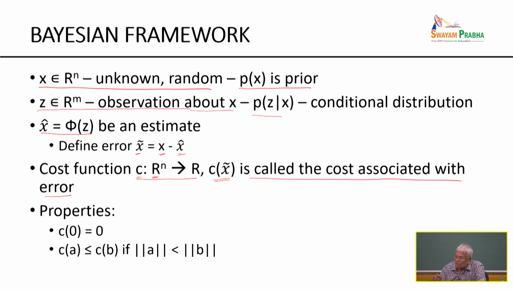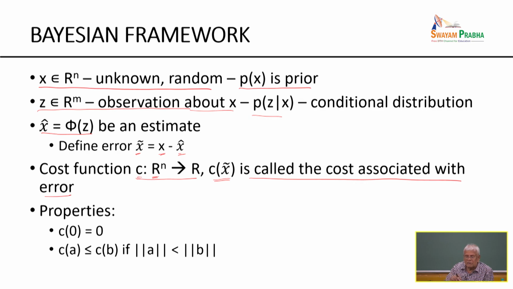Now, if I want to have a cost function, what are the desirable properties of the cost function? Please understand, in the case of least squares, there is a cost. What is the cost function? That is f of x, which is (z minus h of x) transpose times (z minus h of x). The sum of squared errors was the cost function in least squares. We minimized it.